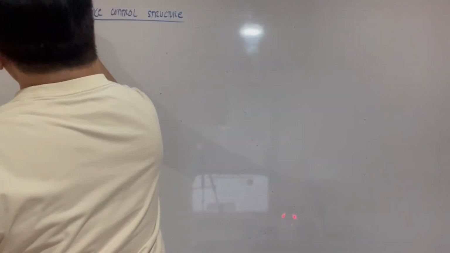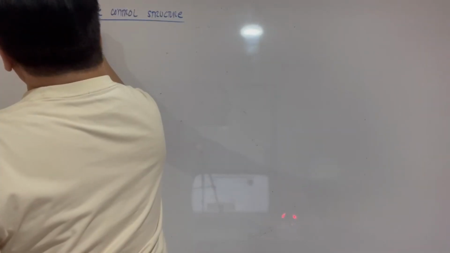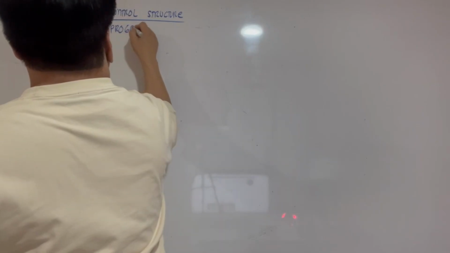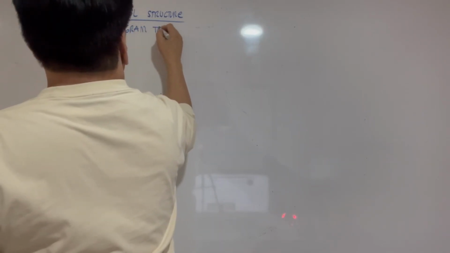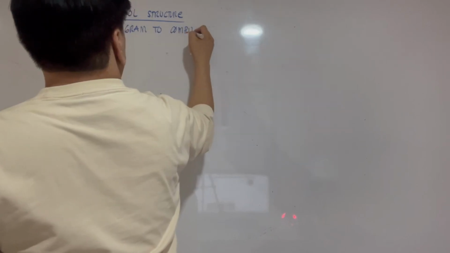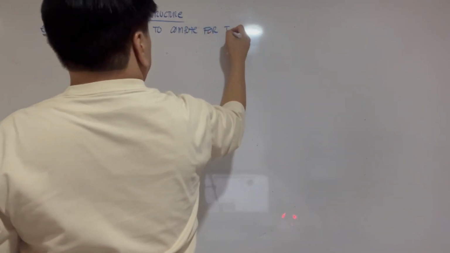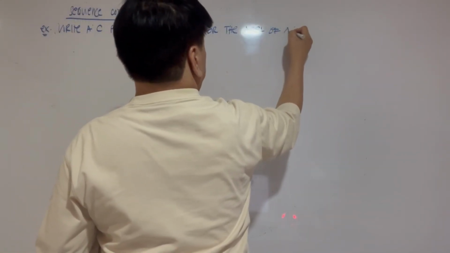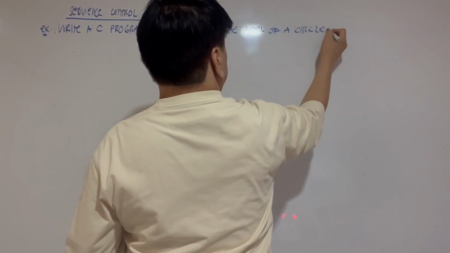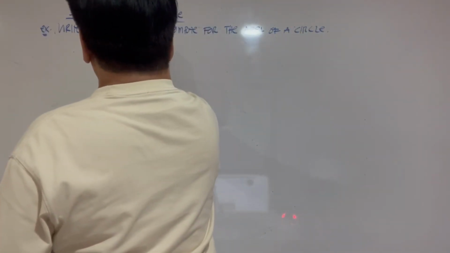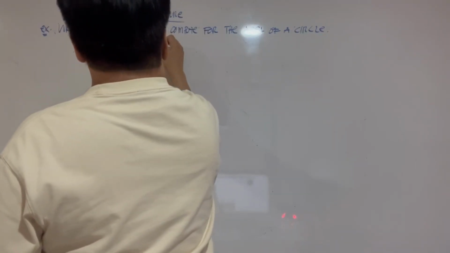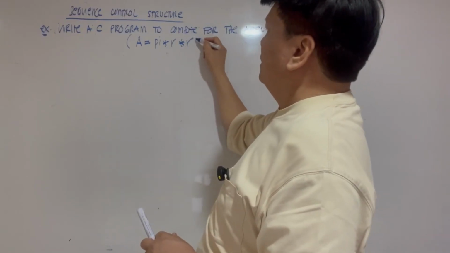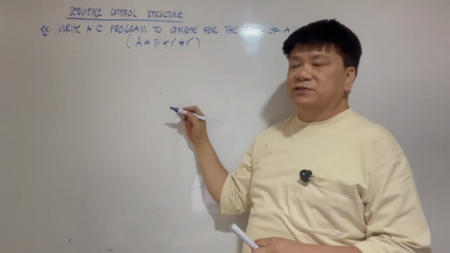Let's say you're asked to write a C program to compute for the area of a circle, using the following formula for the area: A is equal to pi times r times r. That will be the formula that we are going to use.